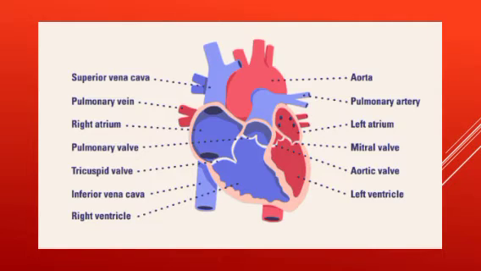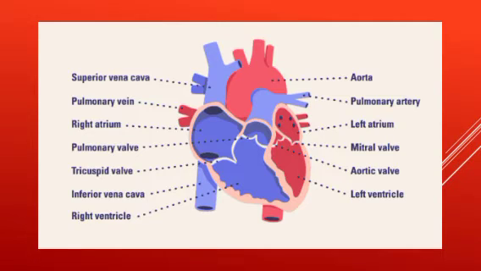So deoxygenated blood from all parts of the body is returned to the heart through the inferior and the superior vena cava. This vena cava empties this blood into the right atrium.